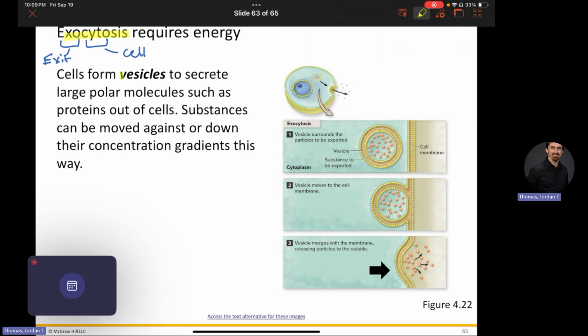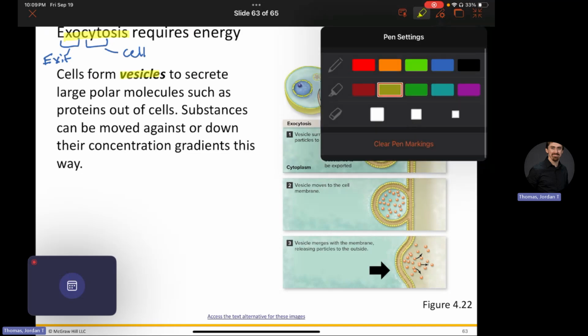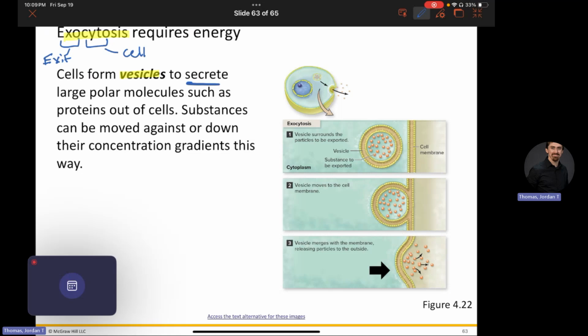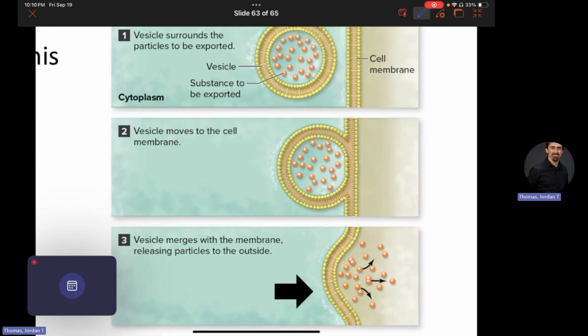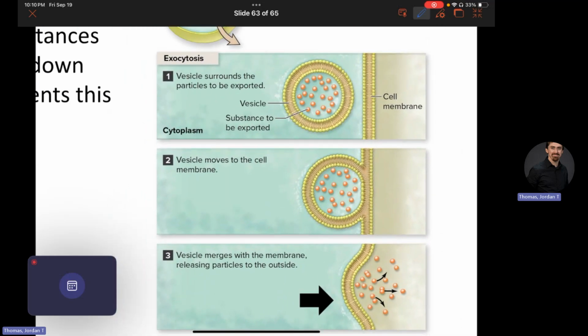Here, cells form vesicles to secrete large polar molecules such as proteins out of the cell. So instead of making a vesicle to pull something into the cell, we're pushing out. This is actually the last thing we're going to go over. We have the vesicle with all these proteins, all these substances.